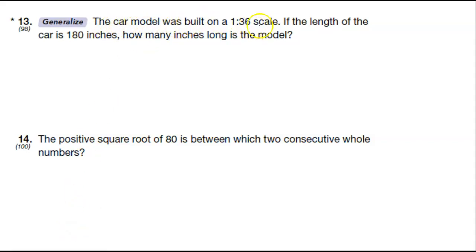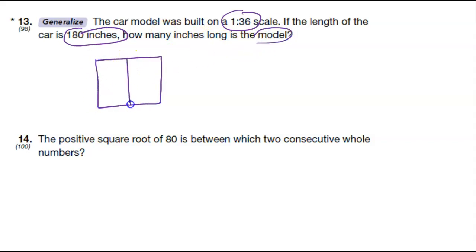The car model was built on a 1 to 36 scale. If the length of the car is 180 inches, how long is the model? So let's go ahead and ratio box this. Okay, so this is ratio, actual, this is model, and this is real life. So 1 inch on the model is 36 inches in real life.